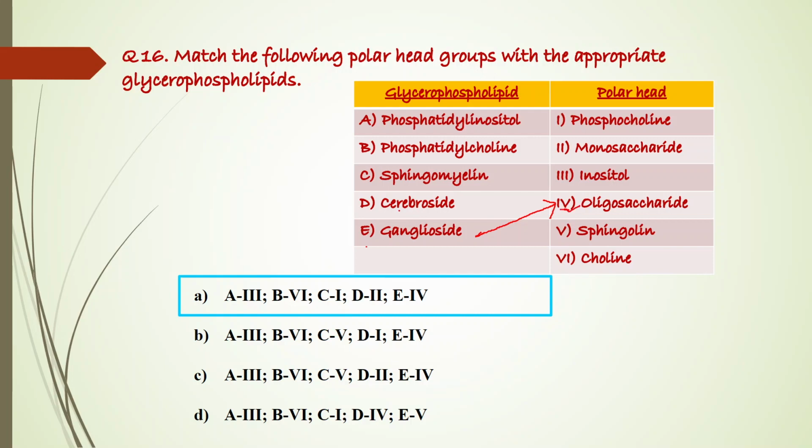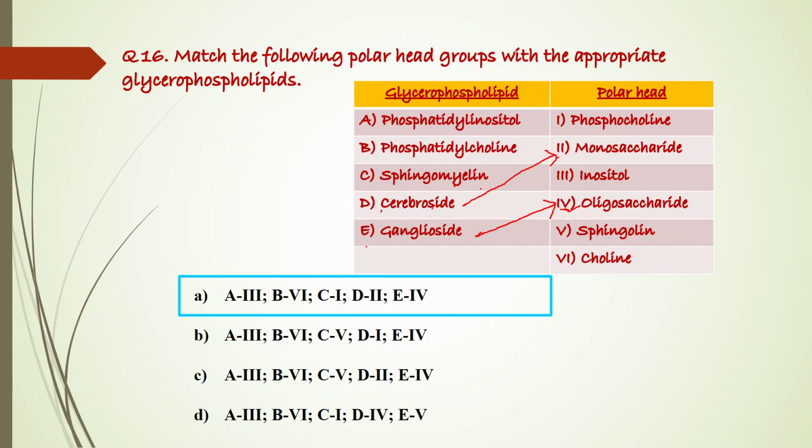Fine. Now in case of cerebroside, we said the OH group of sphingosine is attached with a monosaccharide or a simple sugar molecule. So our option number D matches with 2.